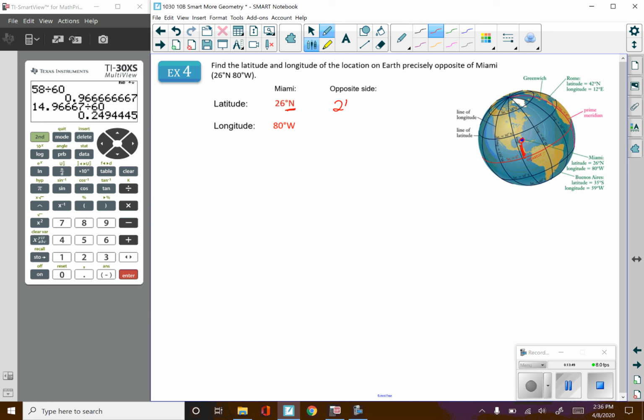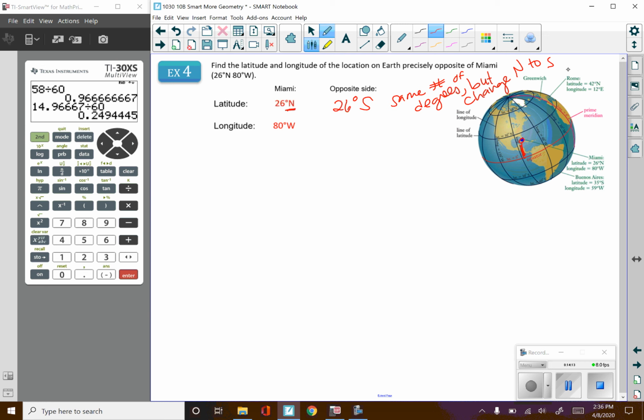So it's still going to be 26 degrees, but it's going to be south. So it's the same number of degrees, but change north to south, or vice versa. If it was giving you a point on the south side, you would change it to north.